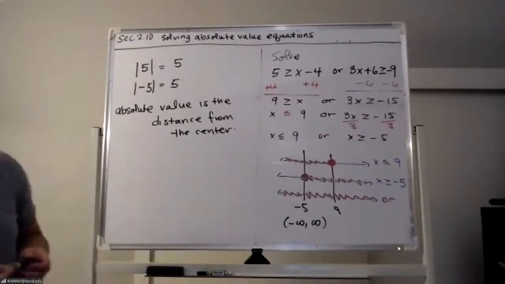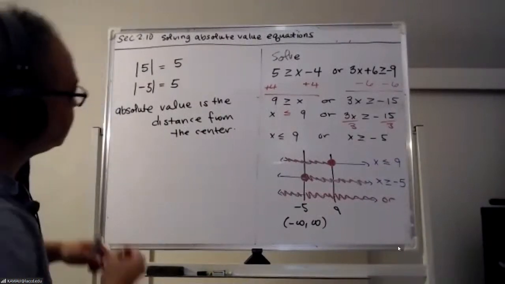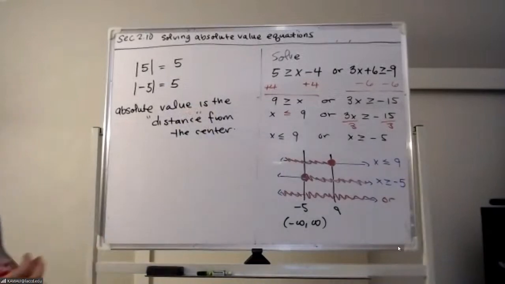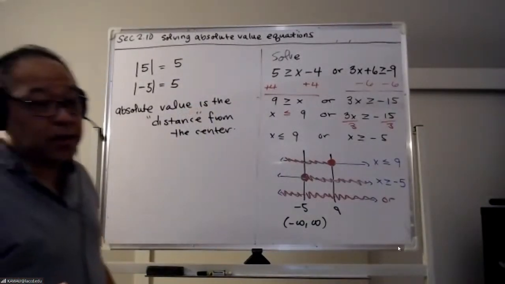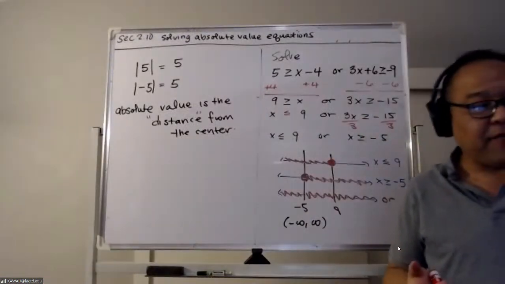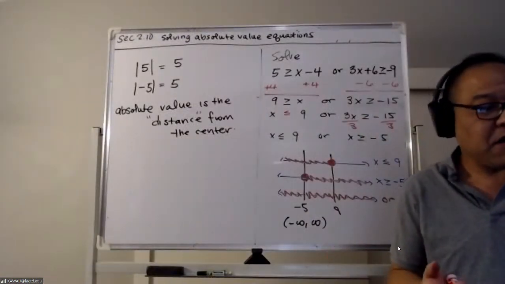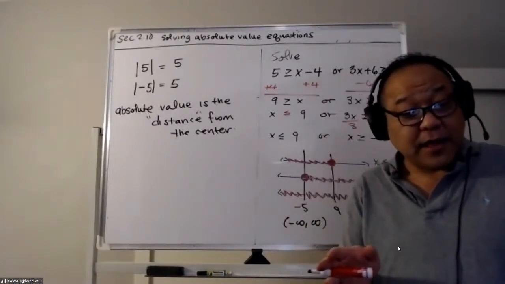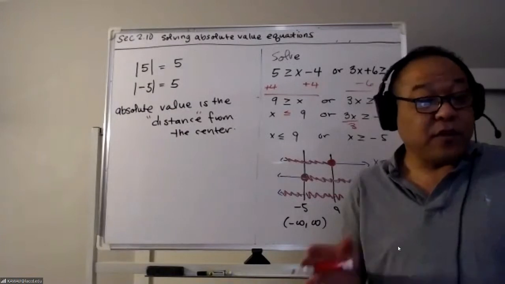The key word here is distance. If I asked anyone in this class, how far do you live from school? Some of you would say 4 blocks, some of you would say about 2 miles. None of you would say negative 4 blocks, and none of you would say negative 2 miles.